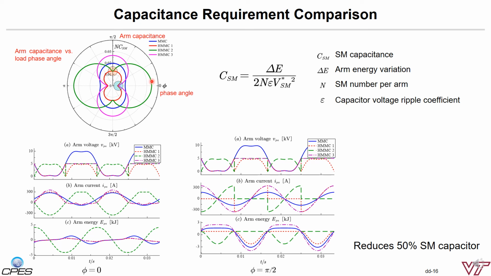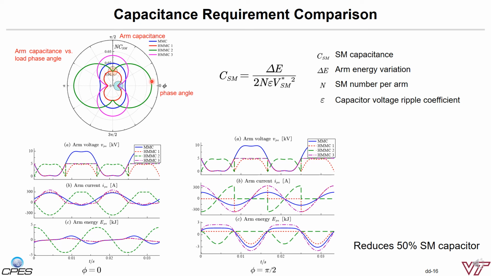This is because for HMMC2, the entire arm, either the upper arm or lower arm, is connected in series with the AC voltage and also carries the entire phase current. So there's no way to inject the circulating current to help reduce the energy level. Therefore, the arm energy variation is large.